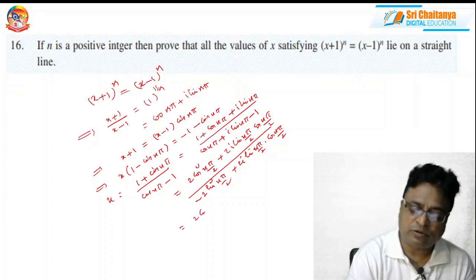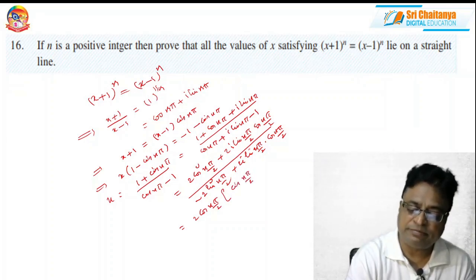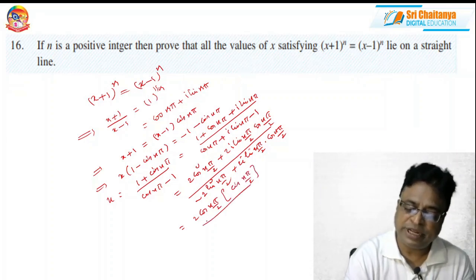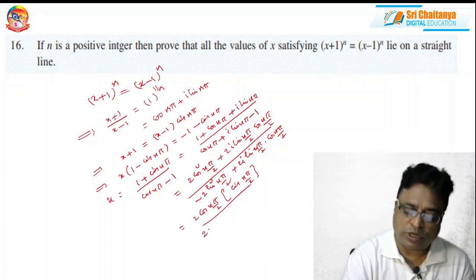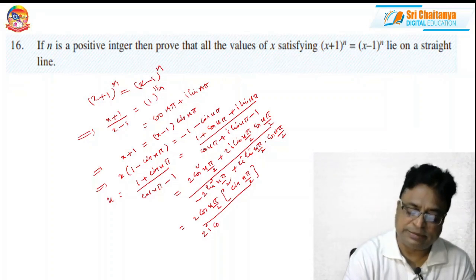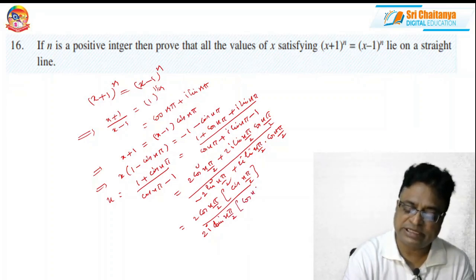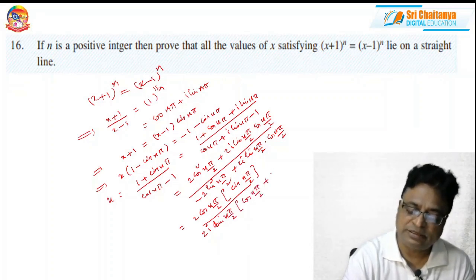You take 2 cos n pi by 2 common from the numerator, you will get cis n pi by 2. From the denominator, you take 2i sin n pi by 2 common, you can get cos n pi by 2 plus i sin n pi by 2.